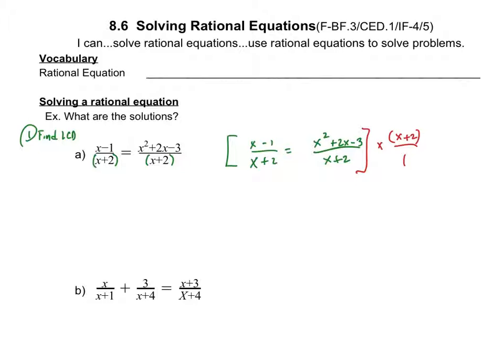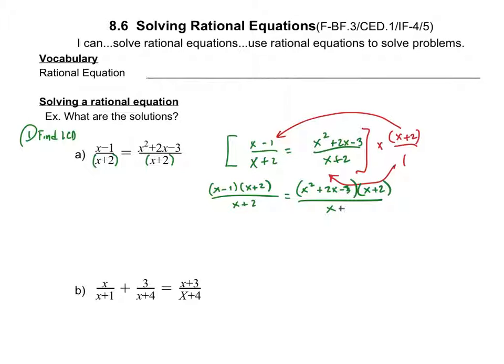And what are we going to have here now? As we do our multiplication, we're going to distribute x + 2 to that term. We're also going to distribute it to that term, which is, if we multiply one side by x + 2, we must multiply the other side by x + 2.